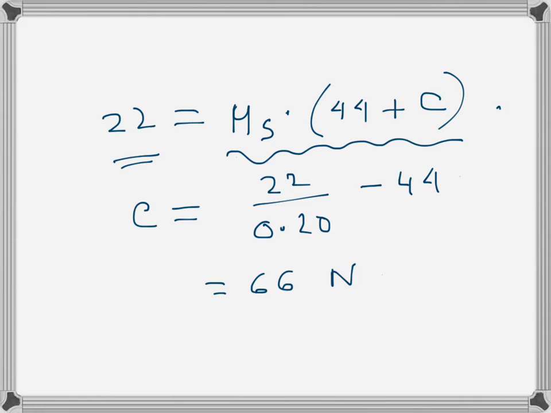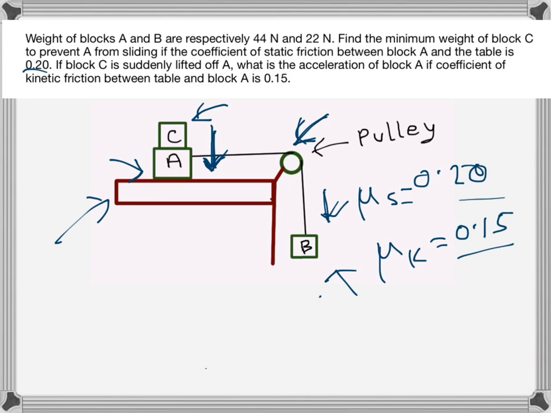So basically what's happening here now is this force is less, this block is lifted off. As a result, the normal force is now less than that. So that will result in an acceleration of A towards that direction.